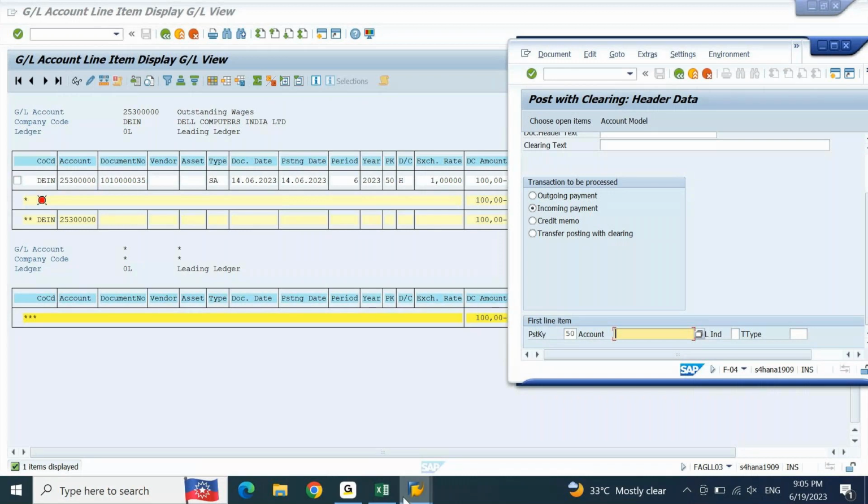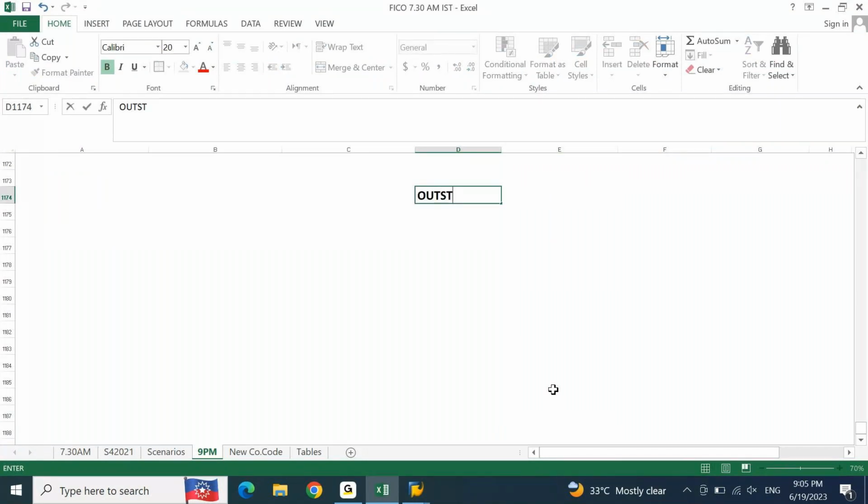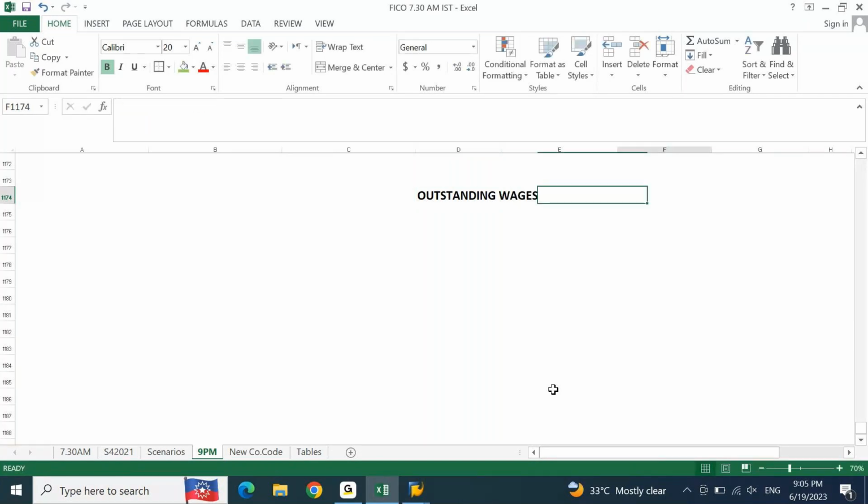Let me write it here. Outstanding wages. If I put debit here, what is missing to complete the entry? Credit.